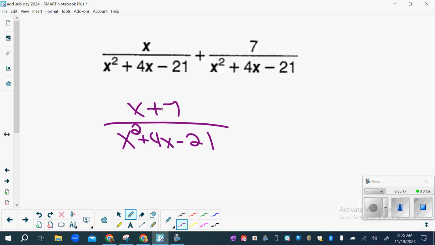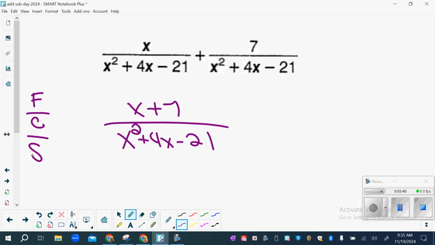But here's why high school and pre-calculus is a little bit more rigorous. We need to reduce this bad boy. We always need to factor, cancel, squish. Remember from yesterday, we're going to factor this guy, we're going to cancel anything we can, we're going to squish our answer together.